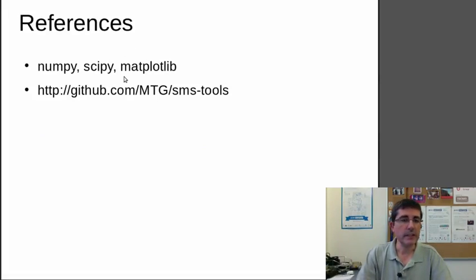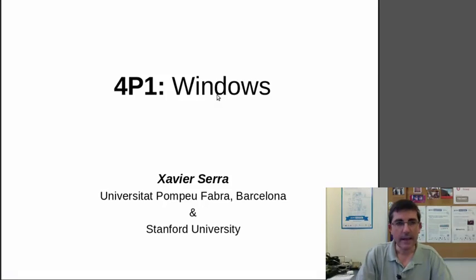So we have been using some packages from Python, and also, of course, we have been using the SMS tools in order to get the DFT analysis code from that. And that's all. So we have been focusing on one aspect of the short-time Fourier transform, which is the analysis window, which is a fundamental element, and unless we understand how windows work, it's going to be very difficult to understand how spectrograms and how the short-time Fourier transform and other spectral analysis systems work.